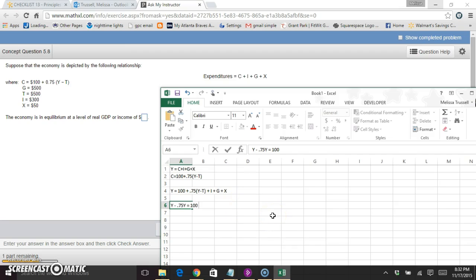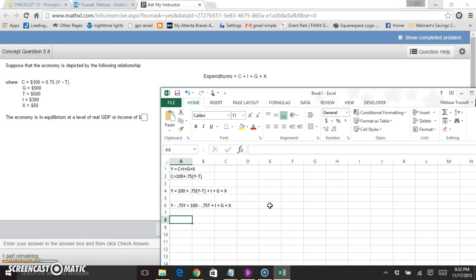So I've got 100 minus 0.75 times T, and then plus I plus G plus X. So here I've just done a little algebra to rearrange my equation so that I've got both of my Y's on the same side of this equation over here.